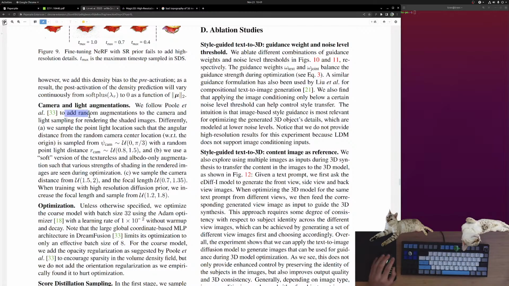Okay, there is a bunch of augmentations to the camera and light sampling. Just your standard, anytime you're dealing with images, you can change the lighting. Here, what are they actually doing? Okay, so there's a point light location and a random camera center location.